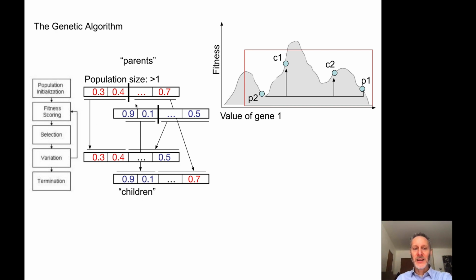Continuing my example down here, these parents might actually end up producing a second child in which now we take the right-hand material from parent 1 and we take the left-hand material from parent 2 and glue those together to make a second child, so that now we have two children that are genetically dissimilar from one another, represented by the numbers here, but still resemble their parents in some way.